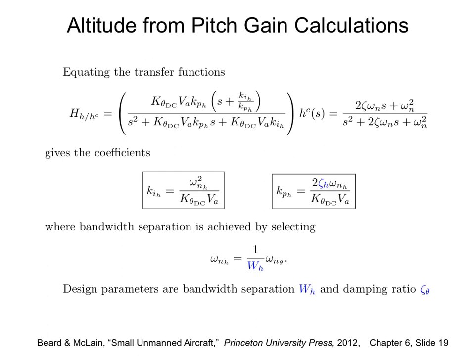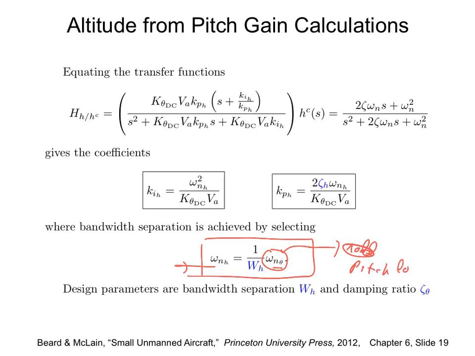Because it is the outer loop, we first select the natural frequency of the height loop, which can be 10 times lower than the theta loop. This was computed in the previous block, it comes from the pitch loop. Your height loop is 10 times slower, so it will take 10 times longer.